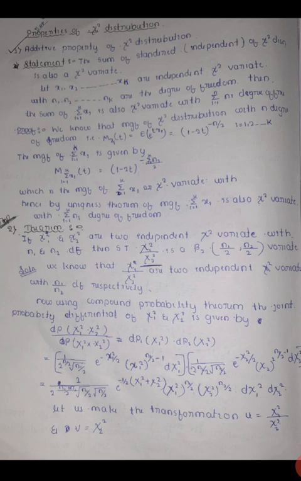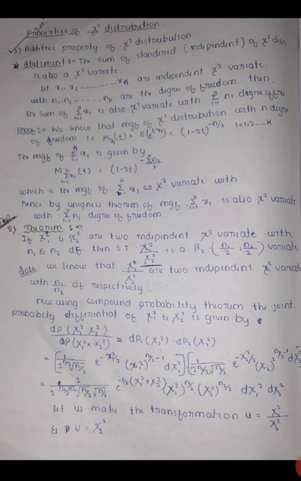The first property is the additive property of chi-square distribution. The statement of the property: the sum of independent chi-square variates is also a chi-square variate.